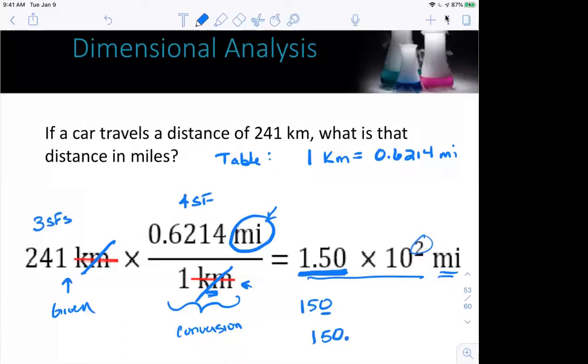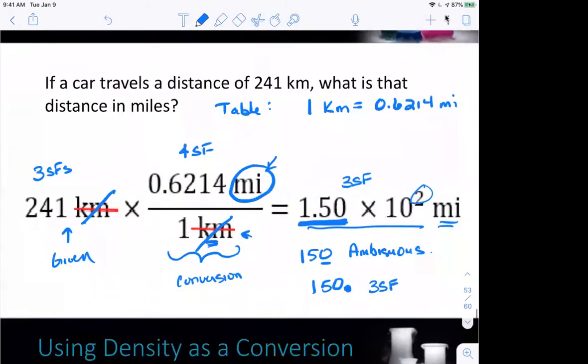But if I put my decimal place there, that also turns this into 3 sig figs. So this one has 3 sig figs. This is ambiguous. So you have to be careful for that. Sometimes if my result is an ambiguous number, I'm going to use either a decimal point like this, or I'm going to use scientific notation in order to make a 0 significant and fulfill the significant figure reporting requirements.